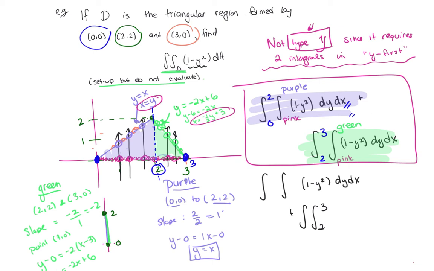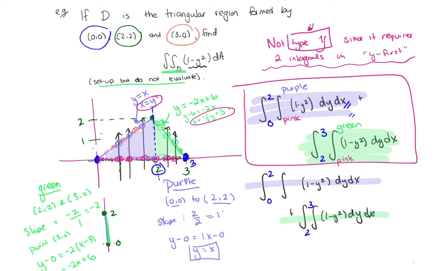Okay, let's go back a little bit here and move those out of there. 1 minus y squared dy dx. And then we had those constants of 0 to 2 and then 2 to 3, depending on if I was in the purple zone or I was in the green zone.